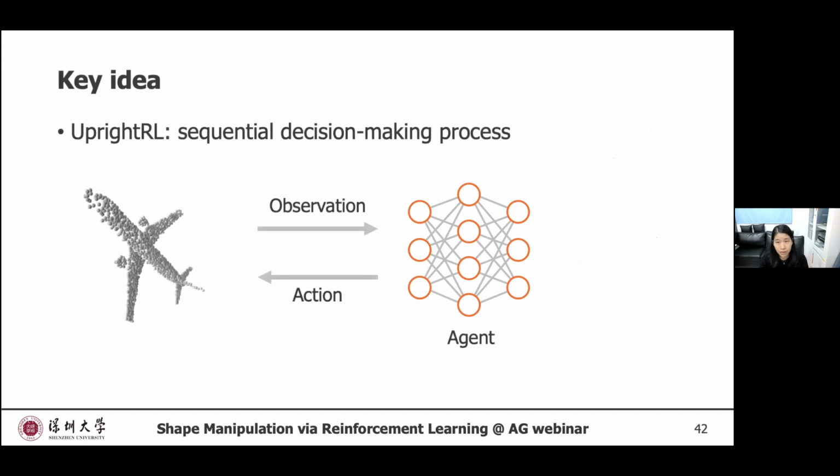And the key idea of our method is to consider it as a sequential decision-making process, where we train an agent to rotate the input shape step by step until it is upright oriented. Here, the initial and updated states of the input object can be considered as the observation, and the action is sampled from a set of predefined rotations.